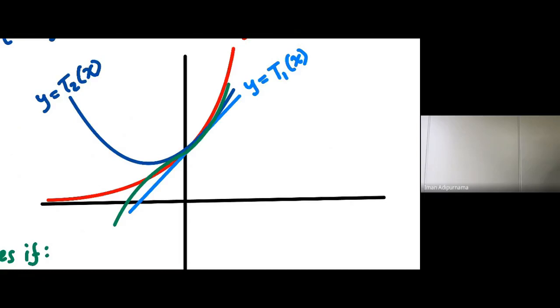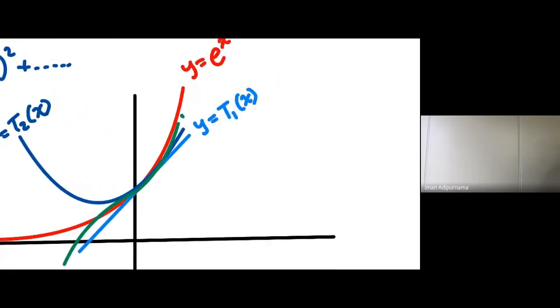Let's say that's the third one. So the green one is T3.